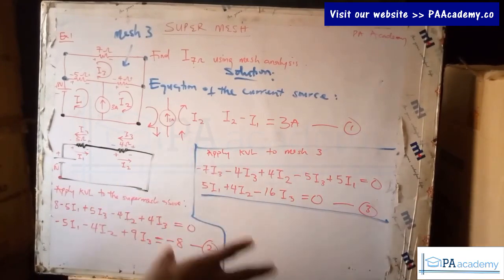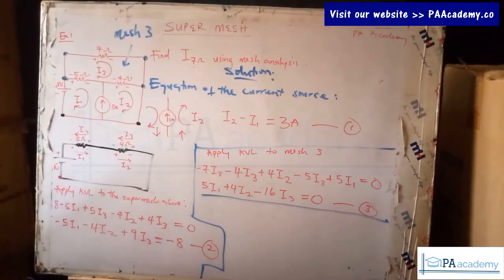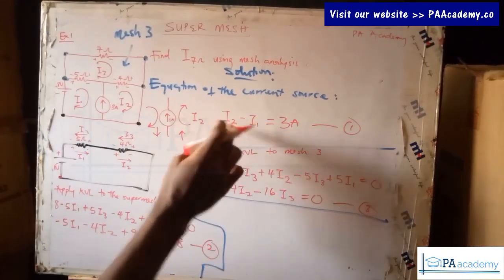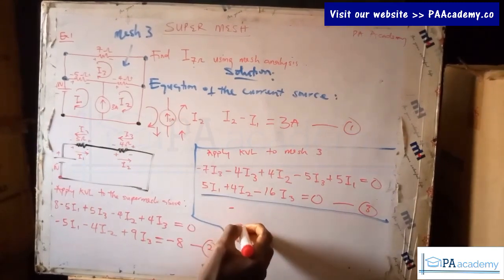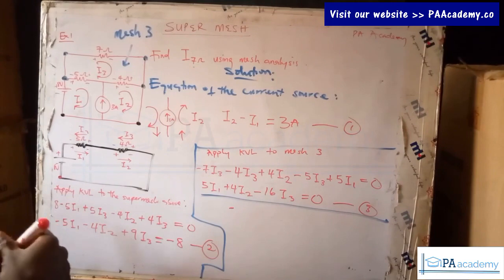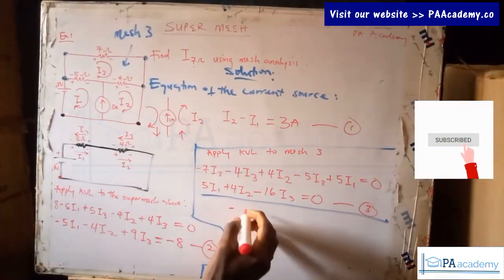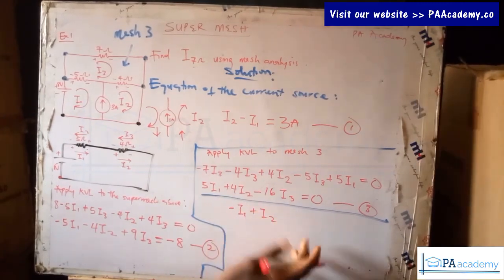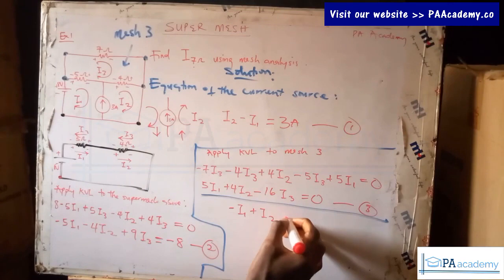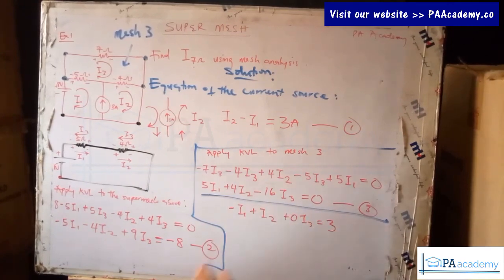If you solve the 3 simultaneously, like I said, you are going to get I1, I2, and I3. But let me write it out properly. From equation 1, we can write this as minus I1 plus I2. We don't have I3, so we can just give it plus 0 I3 equals to 3.